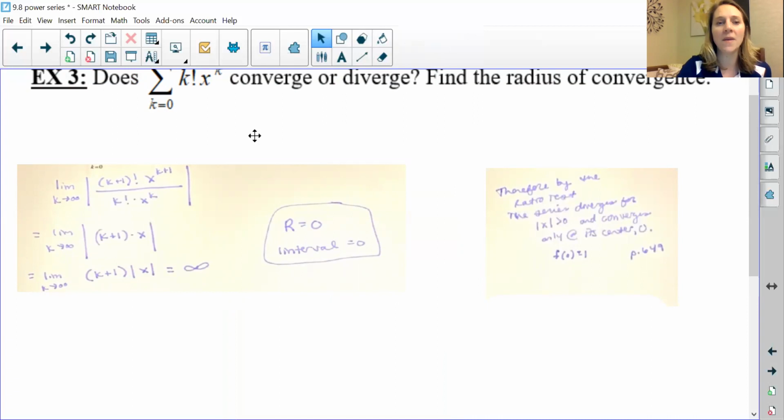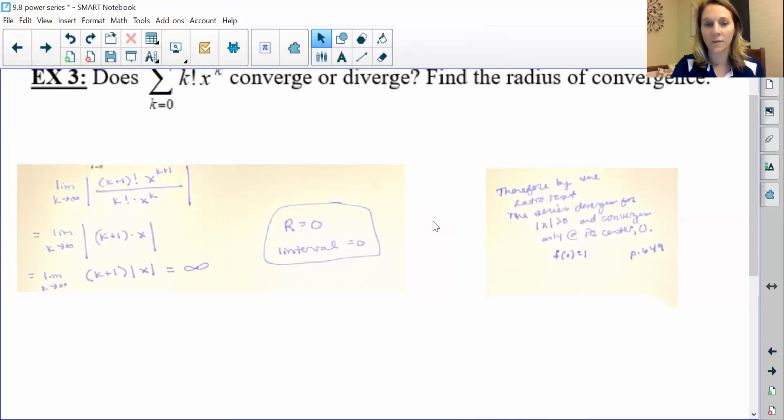And so what that means is we see that it's centered just at 0. It's just that one point. If we plugged f of 0 into our original scenario, we would get 1. In that case, you can take a look at page 649 in your book if you'd like. And so that's one of our scenarios where it diverges in theory for all numbers, except for when it's at its center.